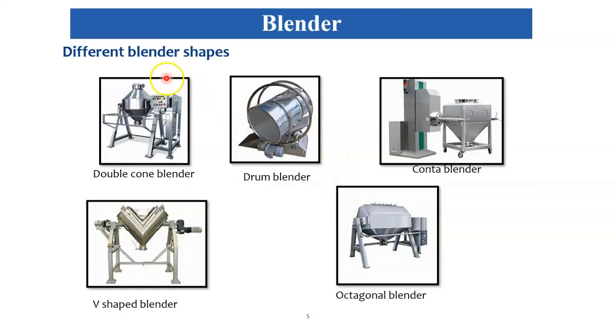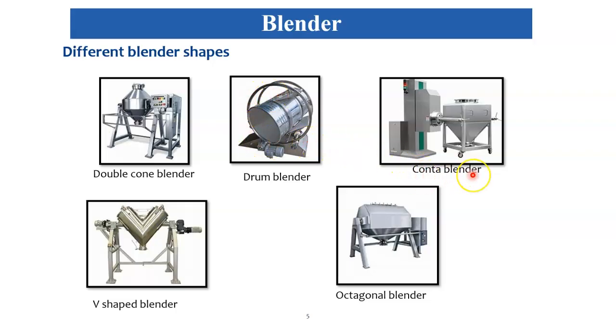Now there are different shapes of blender having same principle and same mechanism, only shapes are different. First, double cone blender having two cone at opposite direction. At one side material are loaded and other side material are unloaded. Then drum blender having a simple drum like structure and whole assembly are rotated by the motor.